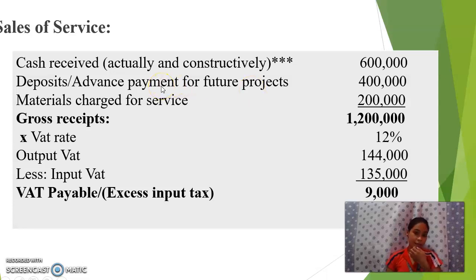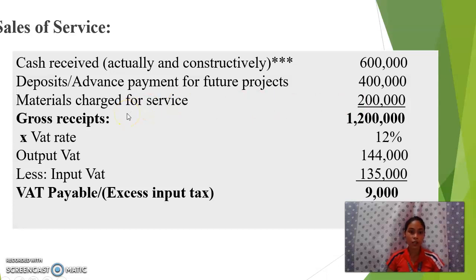This is the advance payment of your customer for your future services, which amounted to 400,000. Next is material charge for the services. This is the materials that you have used in your service, which amounted to 200,000.